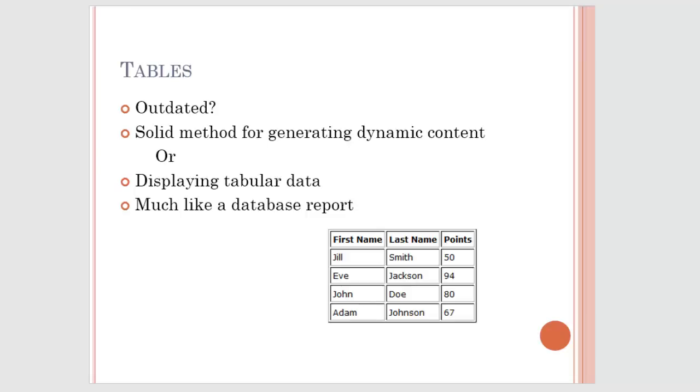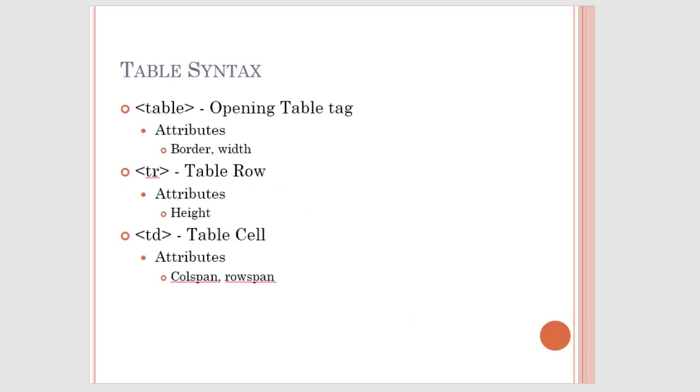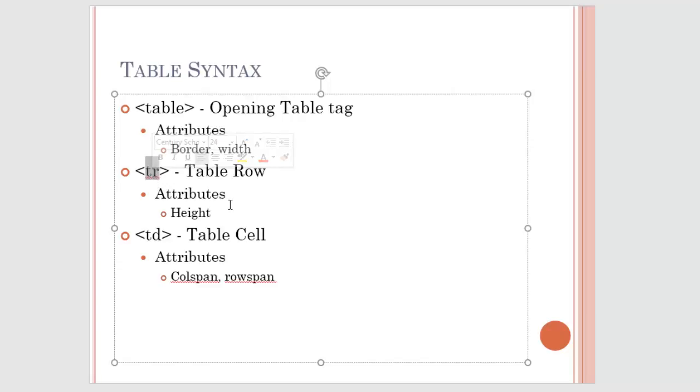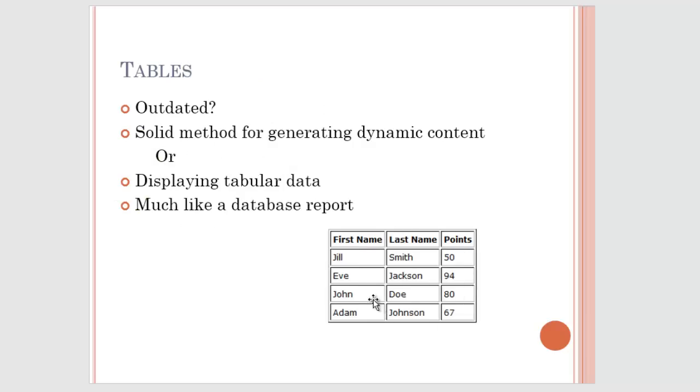So let's talk about the syntax for a table. It's a good chance you've seen something like this before, but if you haven't, basically you've got a big old set of table tags, like opening and closing. Your table fits within those. Tables are made up of rows, right? So rows are just TR and closing TR tags. And TDs are the individual cells of the table. So looking at this example, the whole thing's the table.